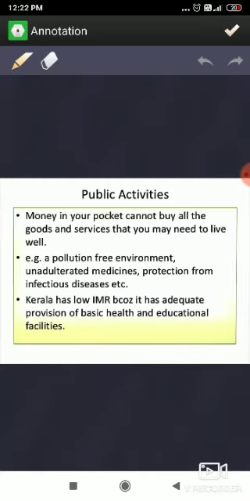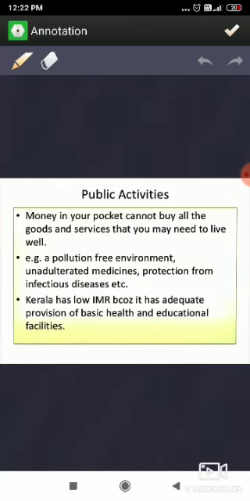If you want to live a healthy life, money cannot meet all the requirements that you desire. For example, a pollution free environment: with the help of money you cannot meet this requirement. Unadulterated medicine and protection from infectious disease also cannot happen as per your requirement with the help of money alone.